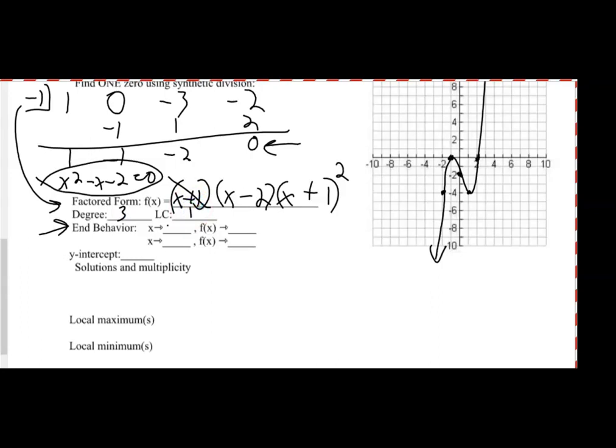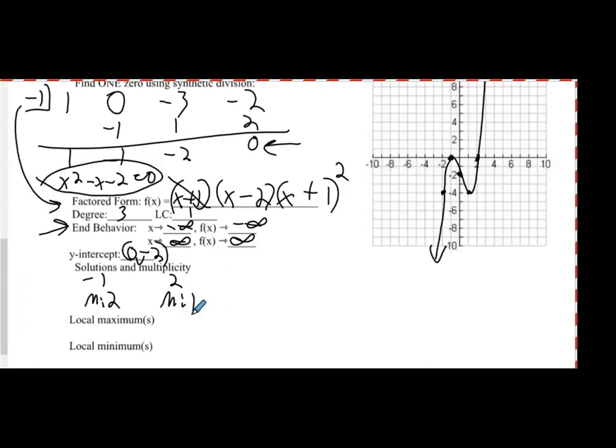The end behavior, as it goes left, it goes down. As it goes right, it goes up. And the y-intercept we said was 0, -2. Solutions, -1 and +2. And remember, this was a bounce, and this one was a pass-through.